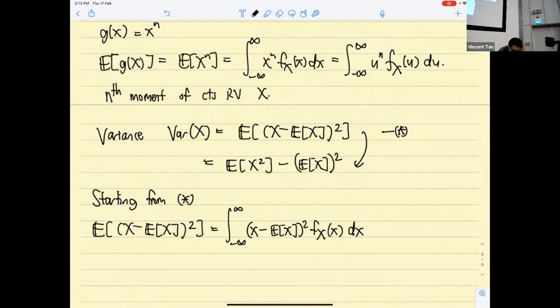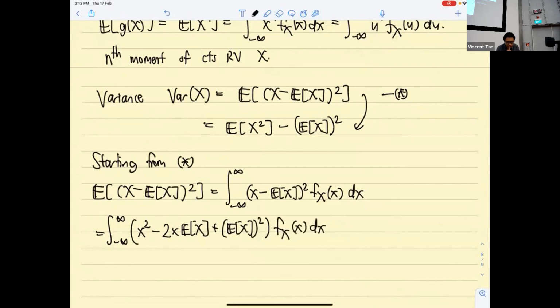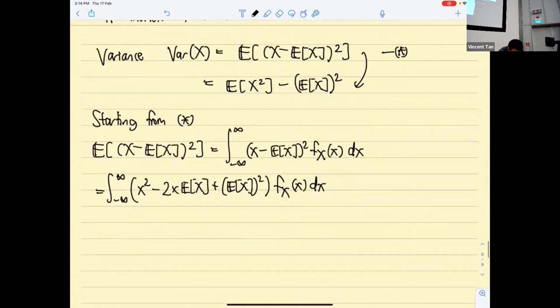So we can expand the inside. Integral from minus infinity to infinity of x squared minus 2x expectation value of x plus expectation value of x quantity squared, times f_X(x) dx. The next step is that integration is linear. The fact that integration is linear is a very deep result in mathematics actually.